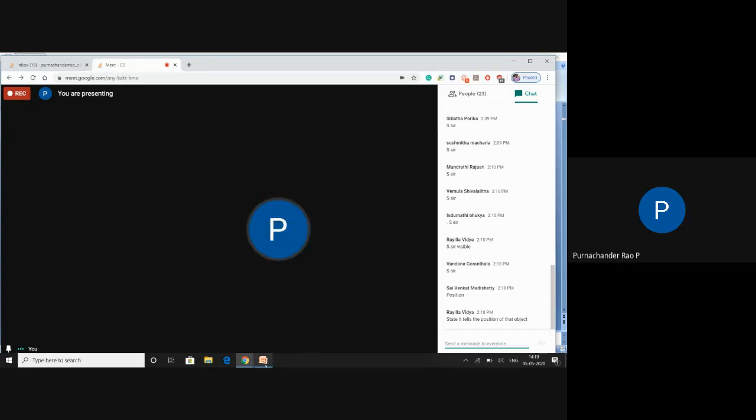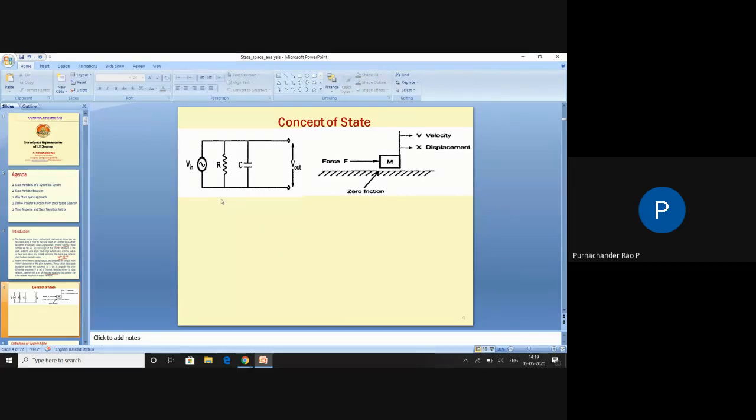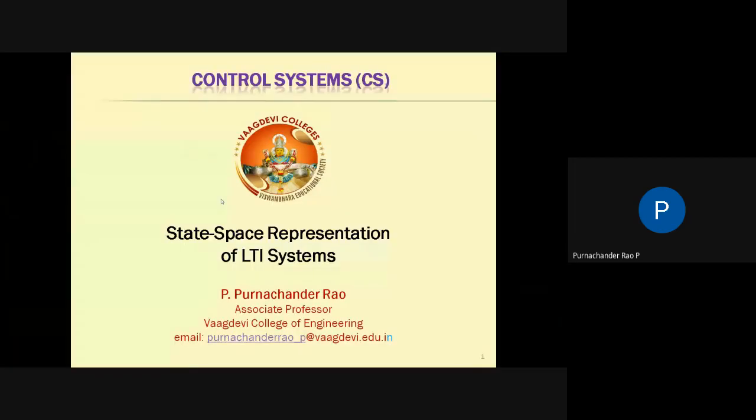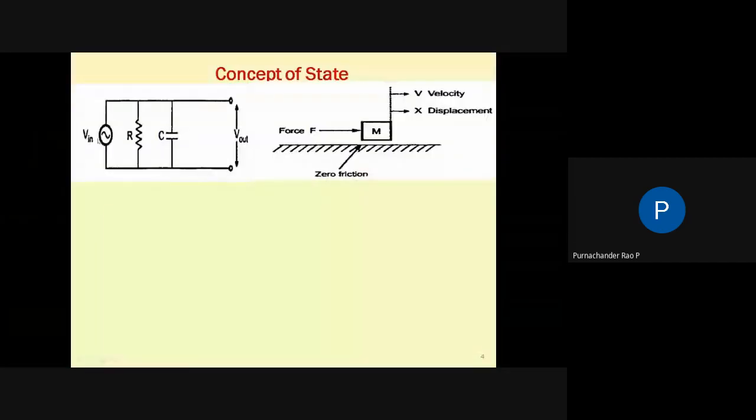So let us take the example of an electrical system here. What is the output of this electrical circuit, which is called V output? V output will be equal to the voltage across the capacitor.